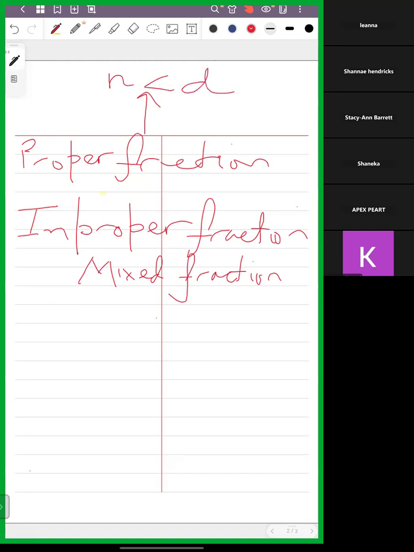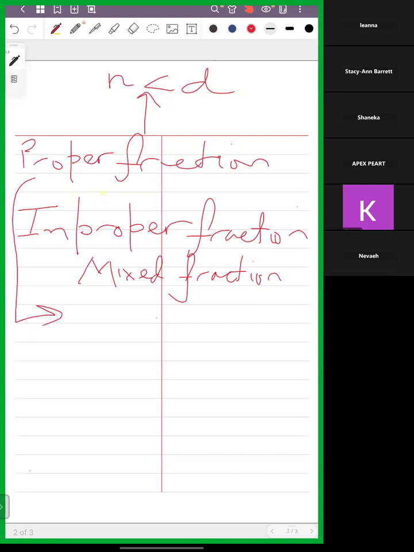We mean that the numerator has to always be a value that is less than the denominator. For example, an example of a proper fraction, let me just draw an arrow coming down here. So an example of a proper fraction would be something like, say I pick 2, and I pick a number higher than 2. Doesn't matter, just higher than 2: 3. That's an example of a proper fraction.